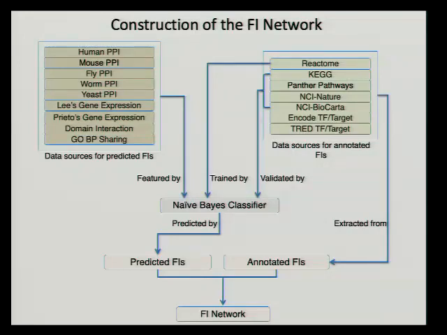We use the extracted functional interactions to train and validate the naive Bayesian classifier. So the final FI network contains two types of FIs. One is extracted, which should be regarded as highly reliable FIs, and the other is predicted. We use some threshold to pick up only FIs with very high scores.